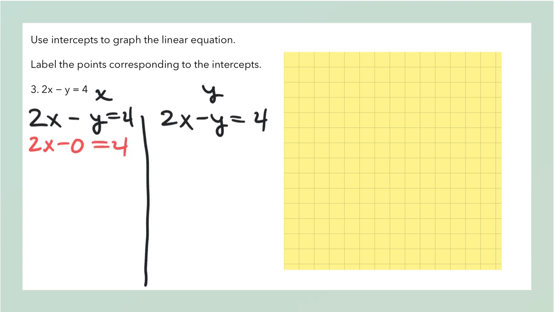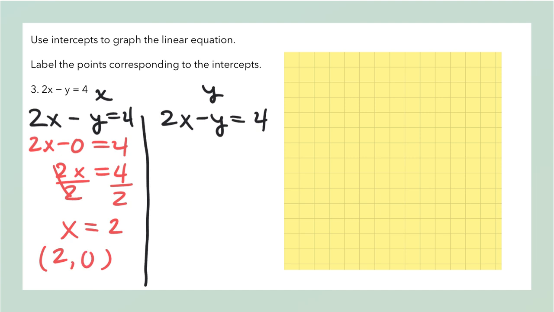That's the same as 2x equals 4, correct? What do I do now? I divide by 2. x equals 2, so my ordered pair here is going to be 2, 0, because we let the y equal 0.